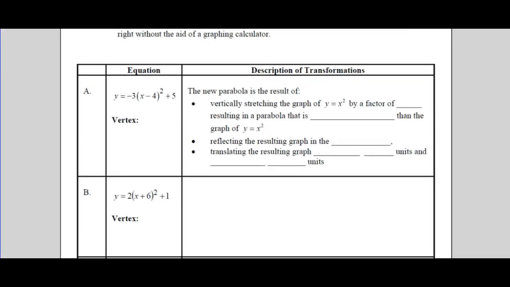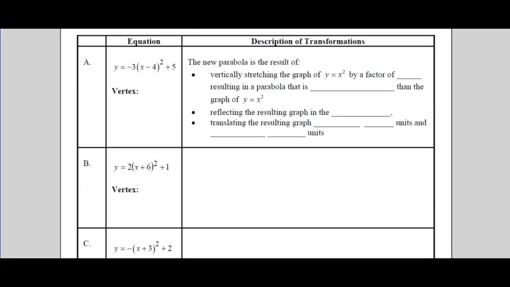And we're back. Okay, so the new parabola: vertically stretching by a factor of 3, resulting in a parabola that is narrower. Reflecting the resulting graph in the x-axis, so it opens down. Translating the resulting graph.